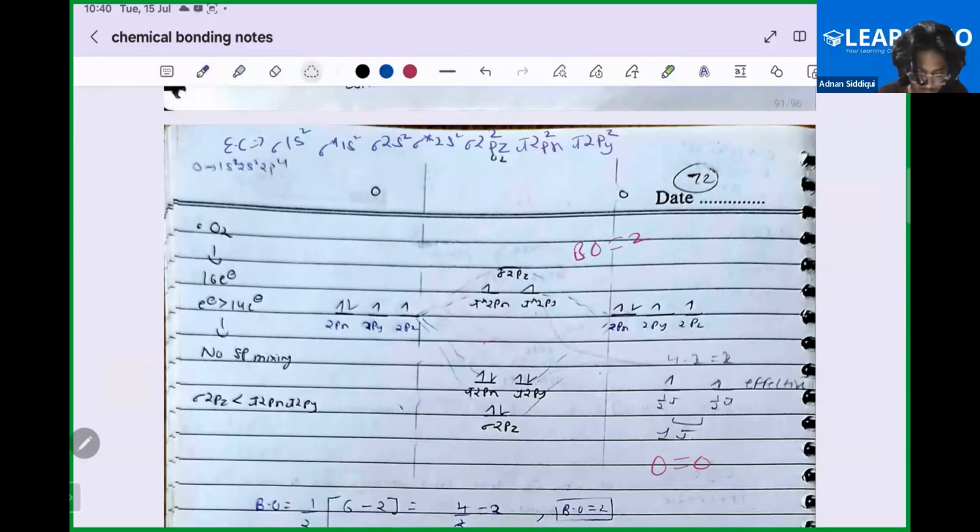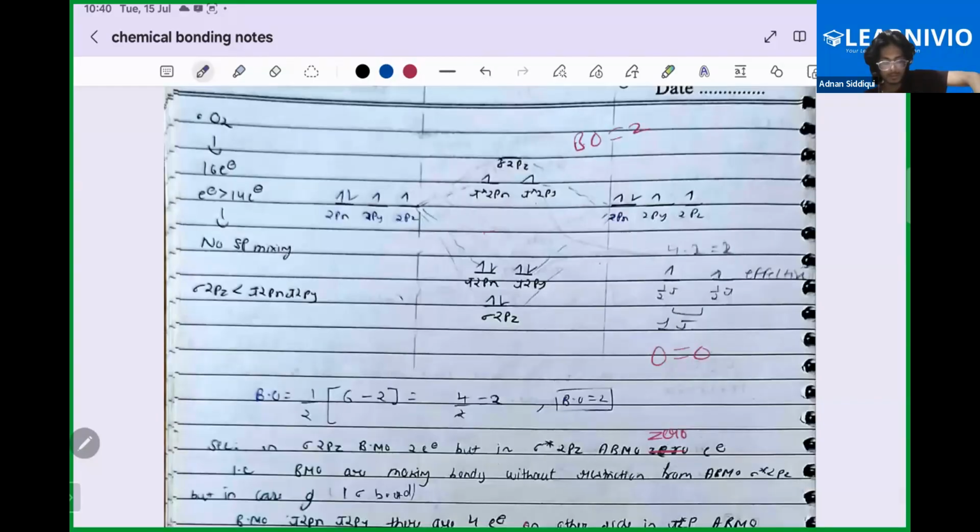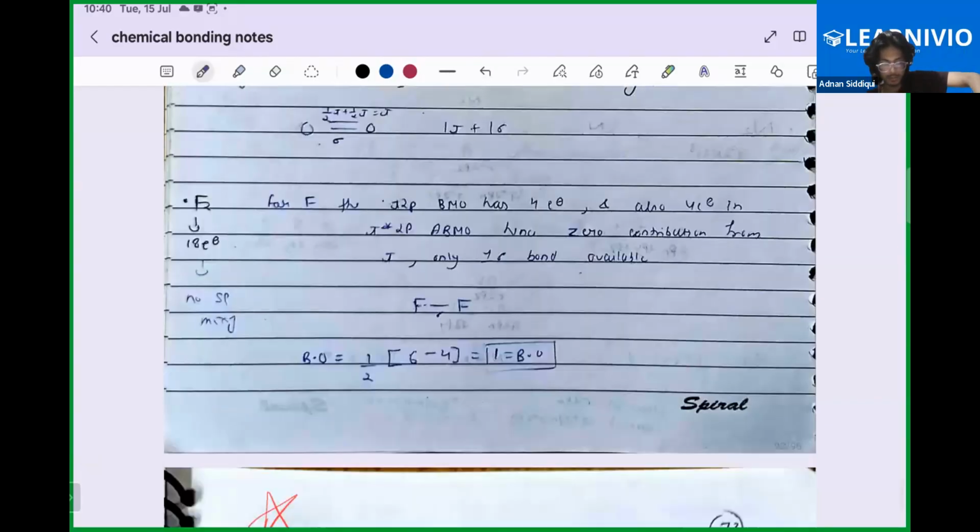Simply, right after this, we have to follow the energy order. After this, we will talk about the pi star 2px. Electrons are 1, we will show it like this. Then pi star 2py 1. That's it. So what else do we have? Let me see.